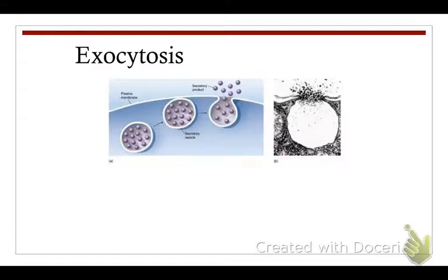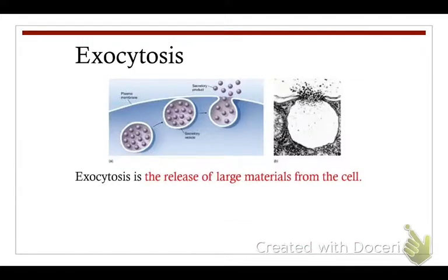Exocytosis, what do you think this is? If endo means in, exo means out. This is cell barfing. No, I'm just kidding. Well, kind of. Exocytosis is the release of large materials from the cell. Kind of like cell barfing, right? You're like, oh, we don't need any of this.